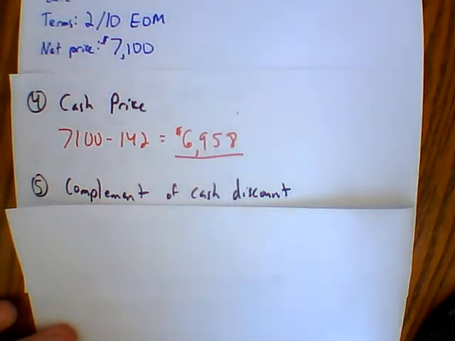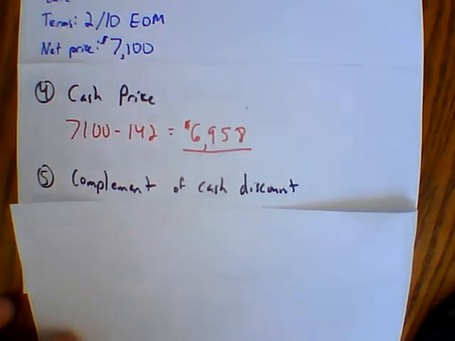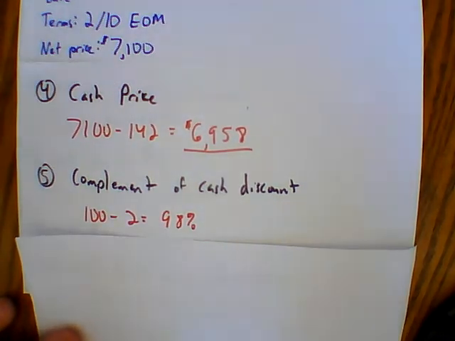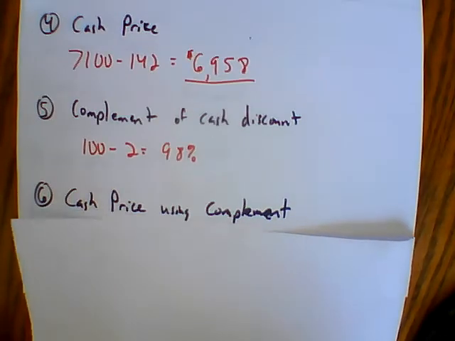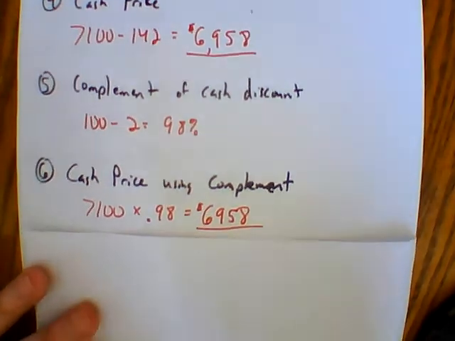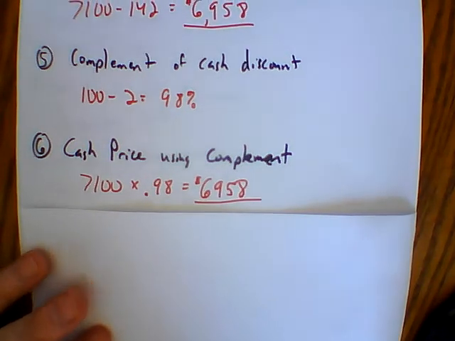Question 5 basically asks us to do the exact same thing, but now we're going to use the complement of that cash discount. If we were given a 2% discount, that means we take 100 minus 2, telling us that we'd be paying 98% of this. So the cash price using the complement would be $7,100 times 98%, or 0.98, and that would give us $6,958.